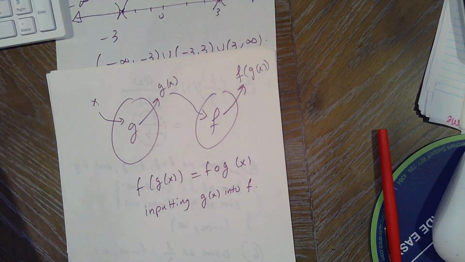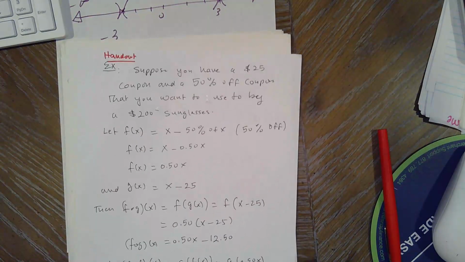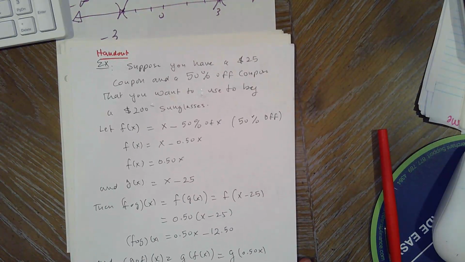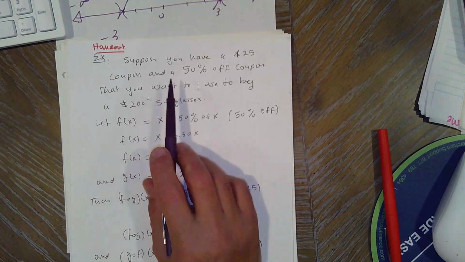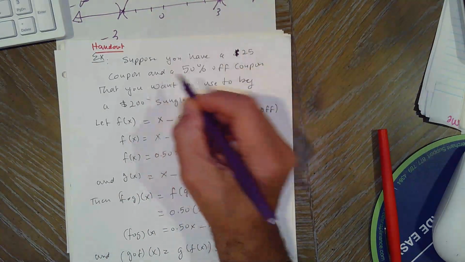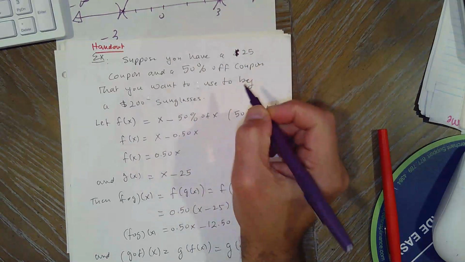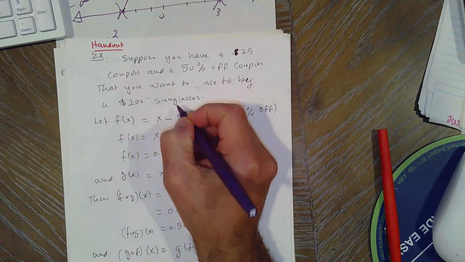And here's a nice example. It's in your handout right here. Suppose you have a $25 coupon and a 50% off coupon that you want to use to buy $200 sunglasses.